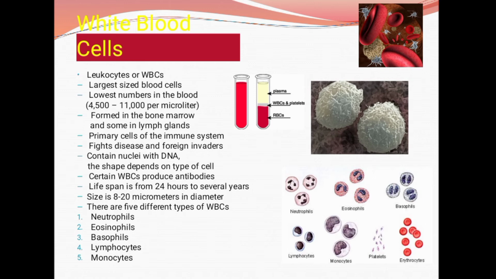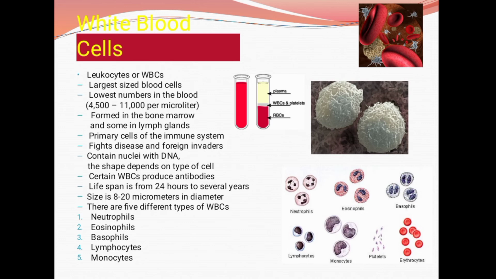These are the primary cells of the immune system, and these fight against diseases and the foreign invaders that invade our body and cause serious diseases inside our body. And these contain nuclei with DNA, unlike those of RBCs, and the shape depends upon the type of the cells and the function they perform.